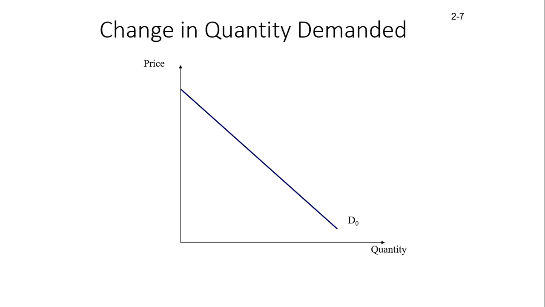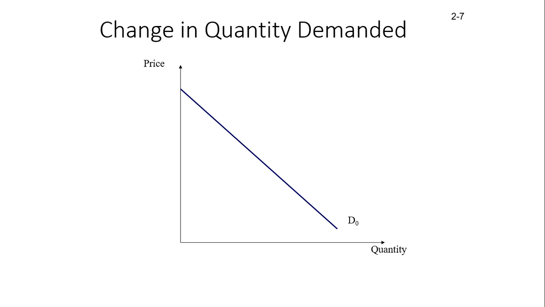The third statement is a change in demand. A change in demand involves a total shift of the demand curve. I'll explain the difference, but for now, let's write that.